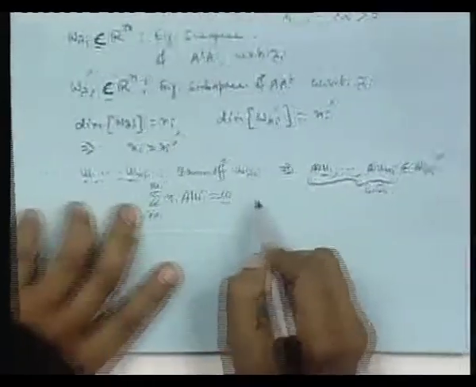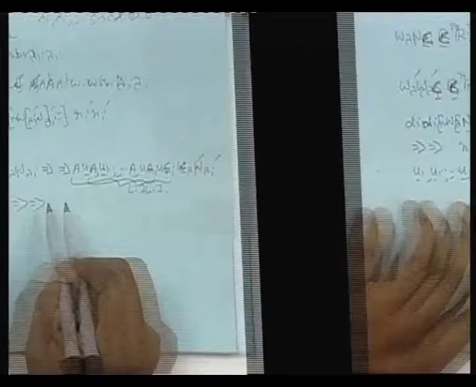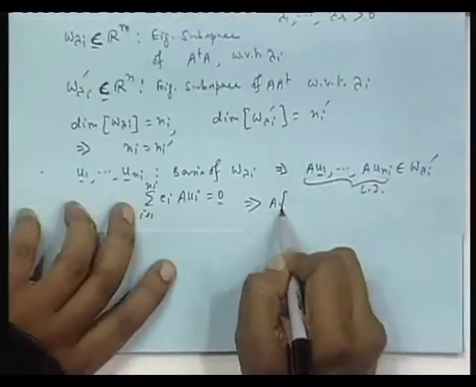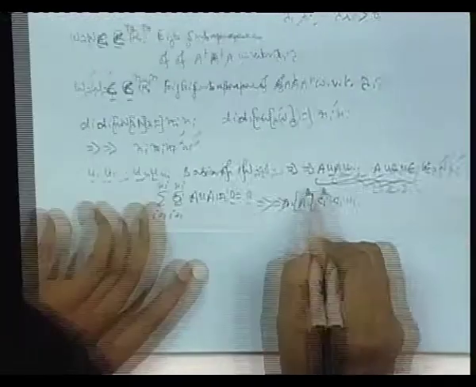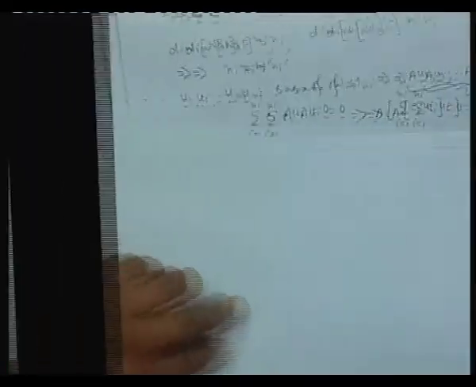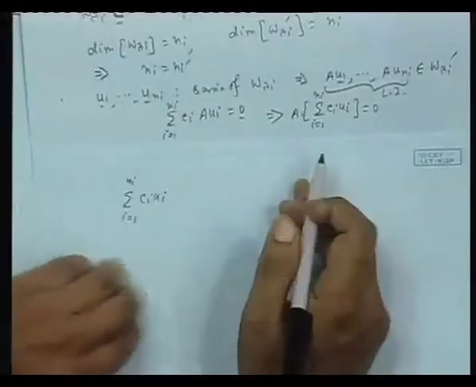This you can write as A acting on the sum of C I u I, I equal to 1 to n I, and that should belong to what? The null space of A.